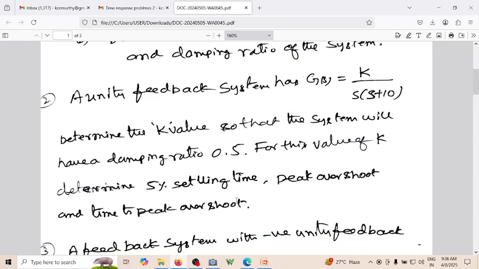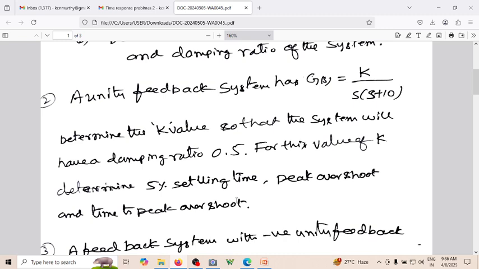In this problem, there is a unity feedback system having G(s) equal to K by S into S plus 10. Let us consider these parameters. G(s) is given by K by S into S plus 10.